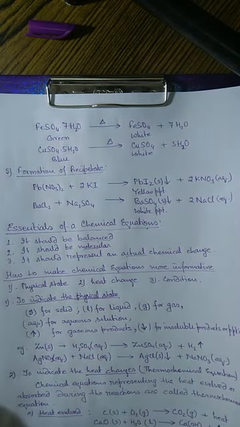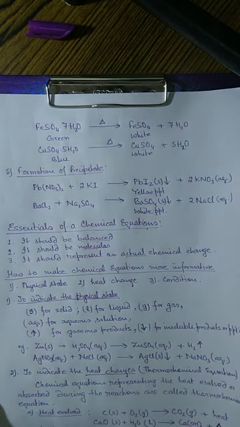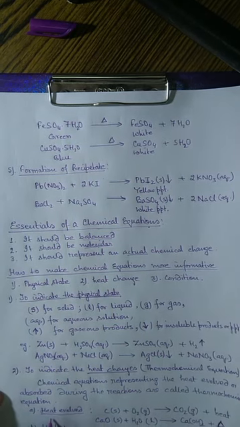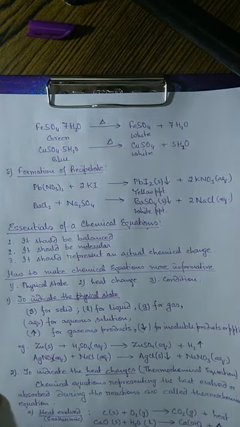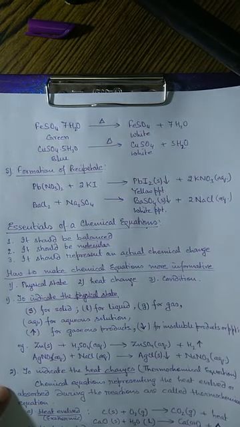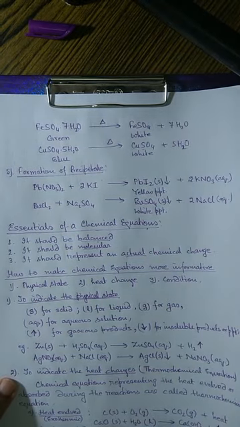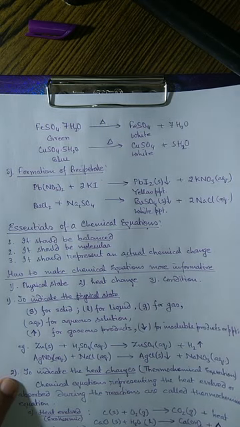After this, B, heat absorbed, is called an endothermic reaction. In this case, heat is being taken. For example, nitrogen gaseous when it reacts with oxygen gaseous, it needs heat energy for the reaction.